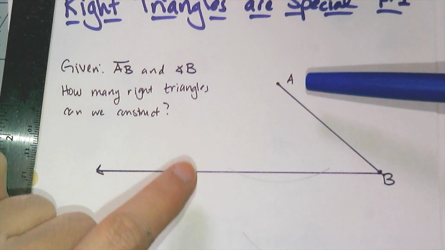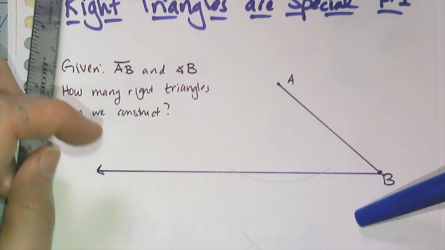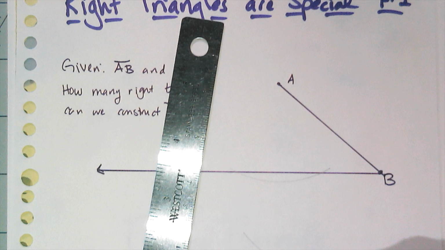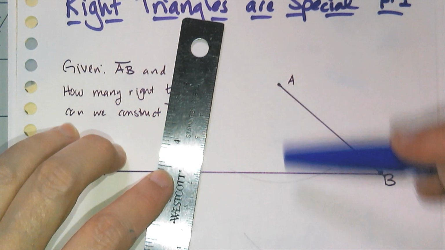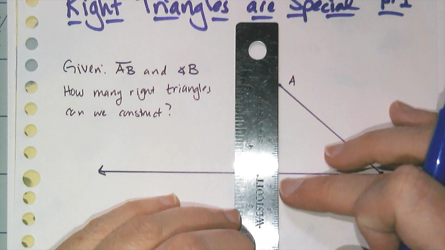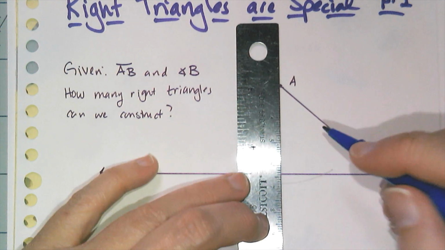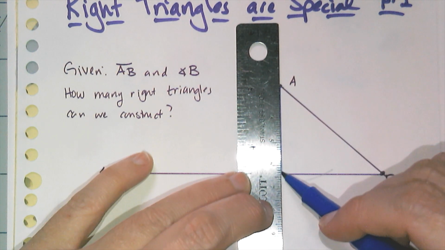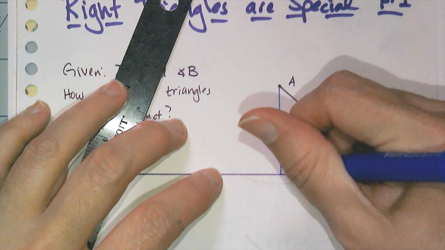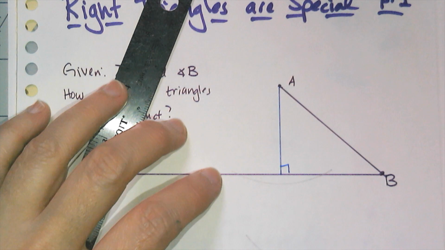But if I know that second side is specifically the shortest distance from that point to that ray, then I have a unique triangle that I could construct, right? Because there is only one shortest distance, and that shortest distance is the perpendicular distance.